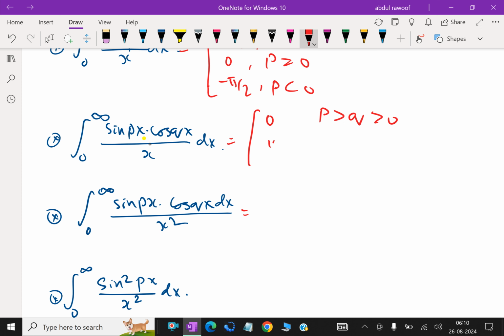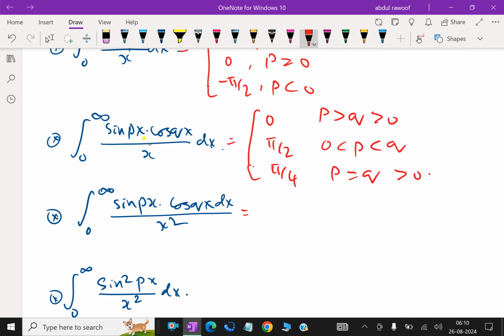Then it is pi by 2 if 0 is less than p less than q, and it is pi by 4 if p equals q, which are greater than 0.